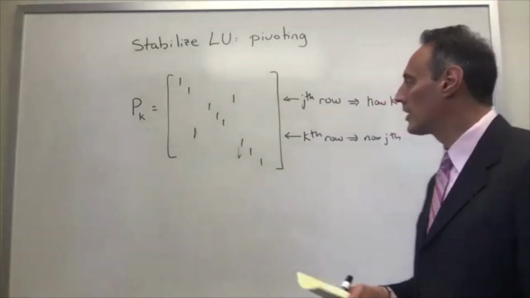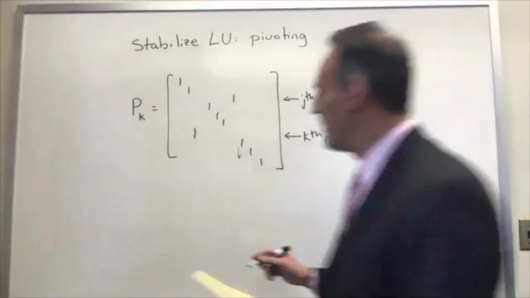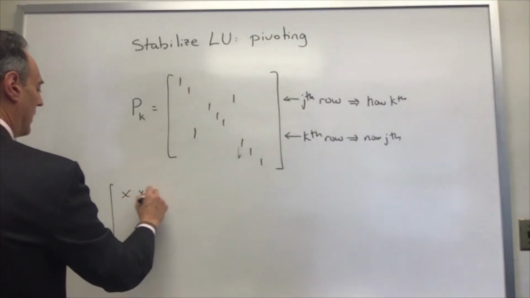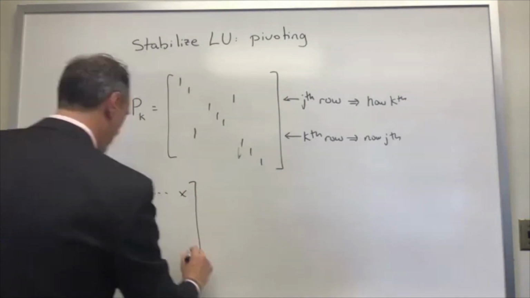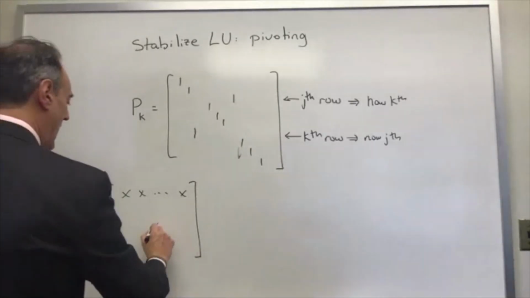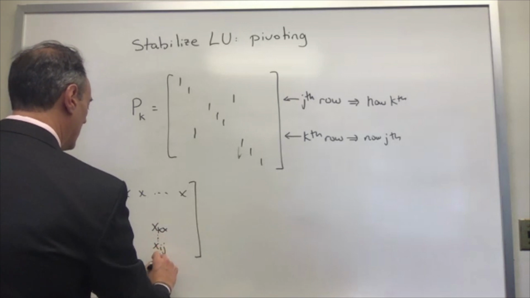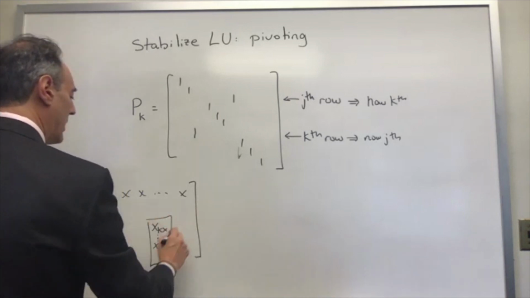Okay, so how does it work in practice? Well, if you remember, when I'm doing this decomposition, I'm here at x of kk, and there's some x of ij here, and this is where I want to be operating.